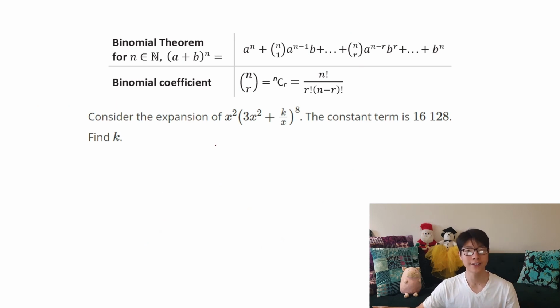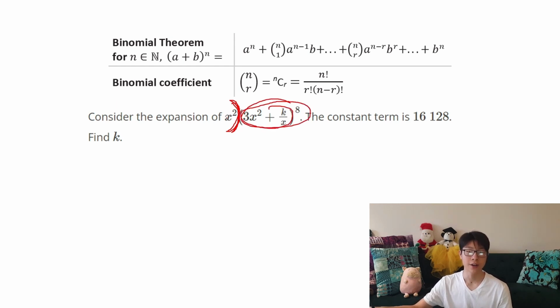So how do we identify the constant term? What I like to do is first note that this is not part of the binomial, and it will stay x squared forever. And I like to work from the back. Instead of expanding this straight away, I want to realize that no matter what we get out of this expansion right here, we're going to have to multiply it by x squared.